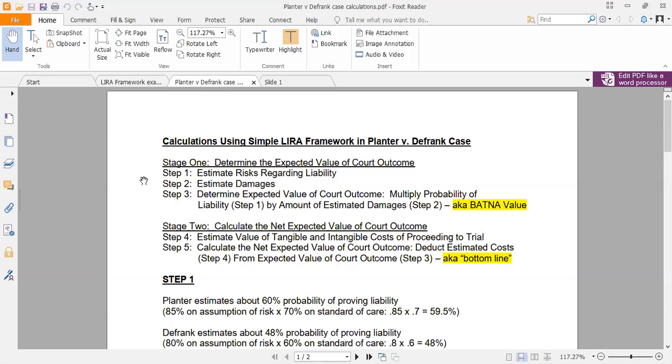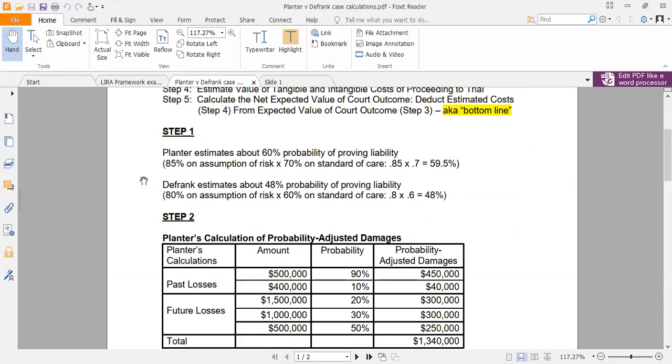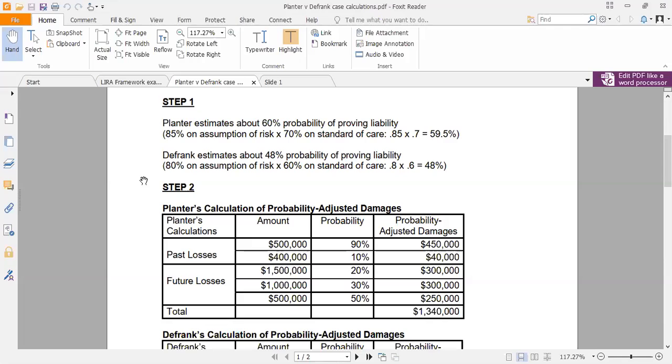All right, so let me just walk you through this. So in step 1, plaintiff estimates that there's about a 60% chance of proving liability, 85% on assumption of risk, 70% on standard of care, coming up with a 59.5%, which we're rounding to 60%, as we showed before. Now, you also want to look at the defendant's perspective. You may be representing the defendant, and even if you're representing the plaintiff, you want to get a sense of their perspective.